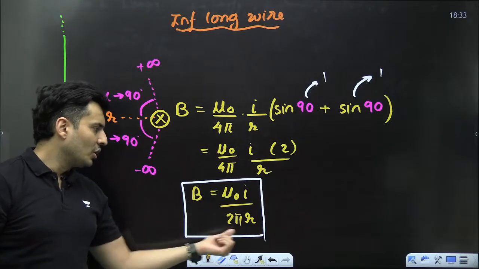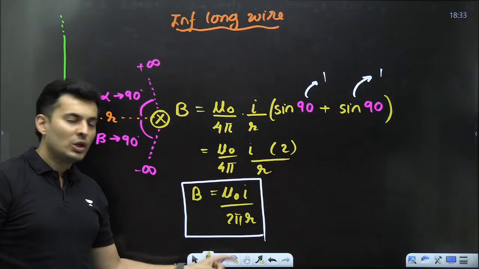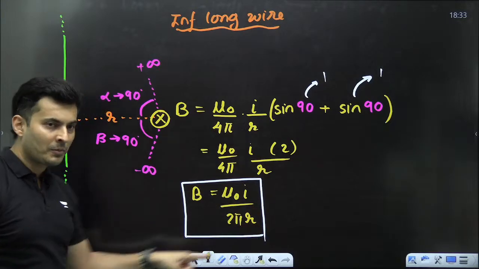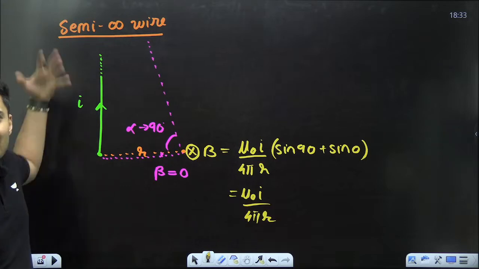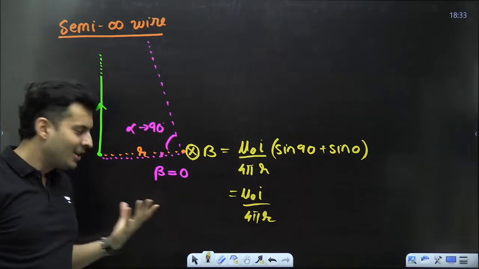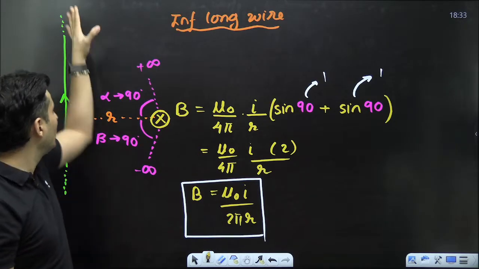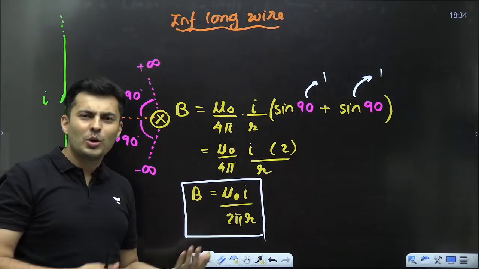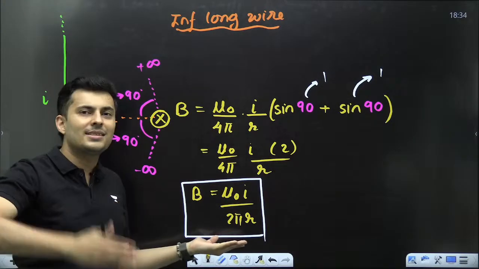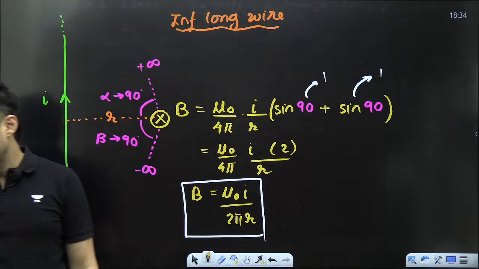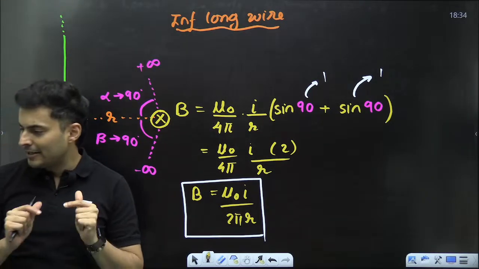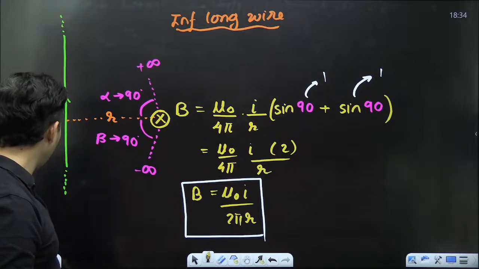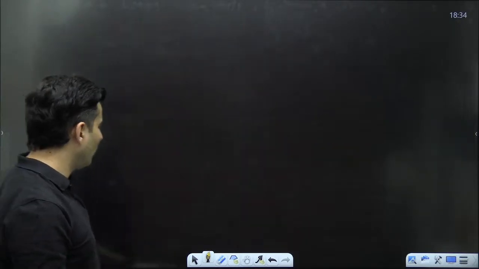If it is mu naught I by 2 pi r, you multiply this with half, you get this. So it makes sense because this is semi-infinite, so it should be half of this formula. So if you know this formula for a long wire, for a semi-infinite wire, it will be exactly half of it. Everybody with me on this? Understood? Clear?